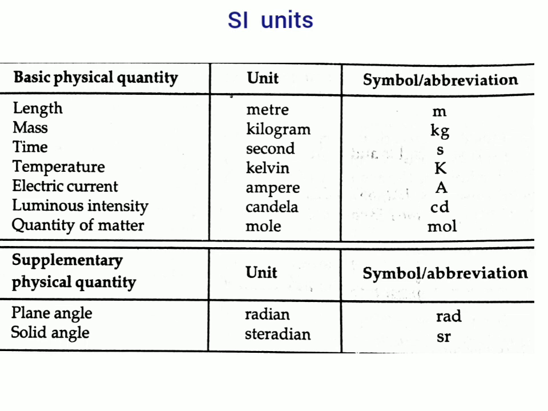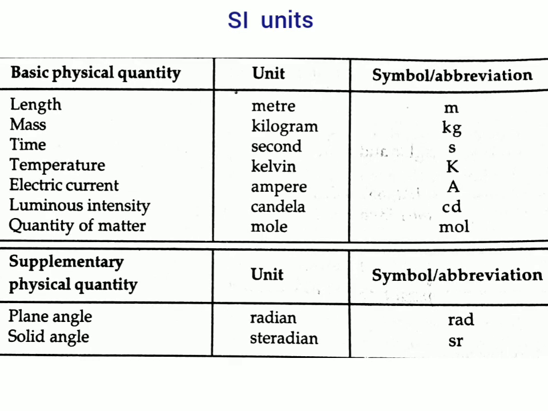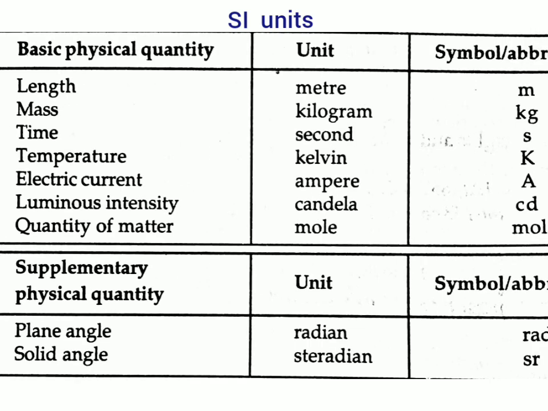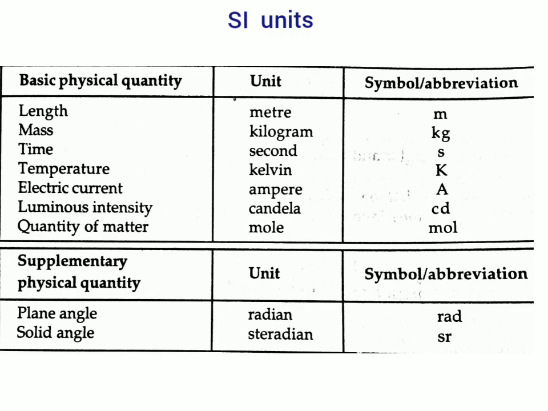The 4 additional fundamental quantities are electric current, temperature, amount of substance, and luminous intensity. The supplementary units are the units of the plane angle and the solid angle.